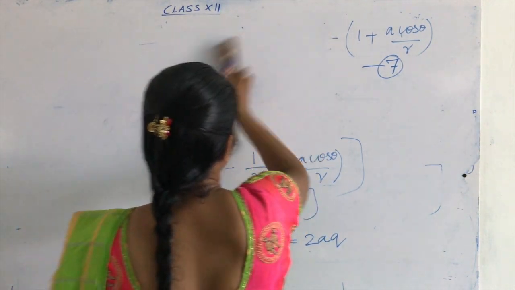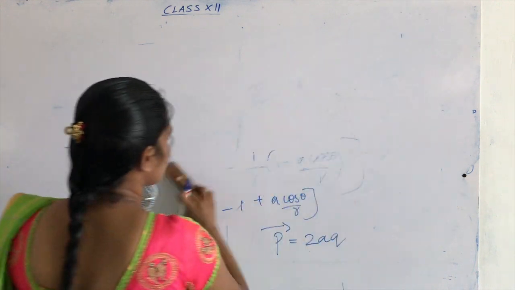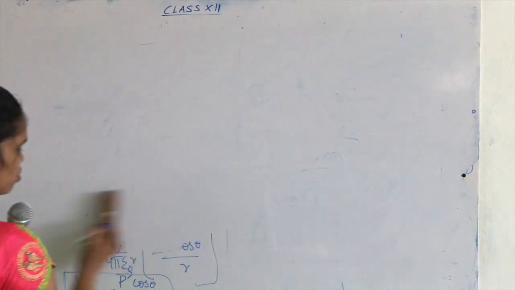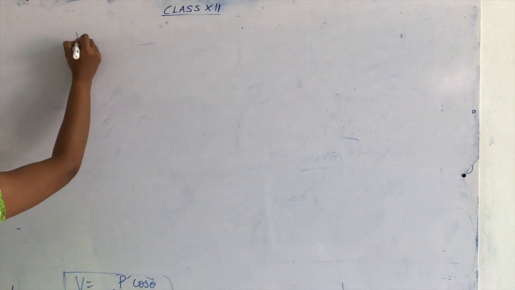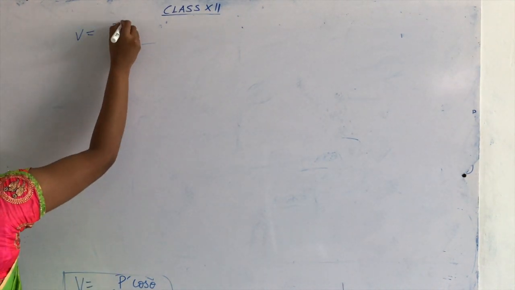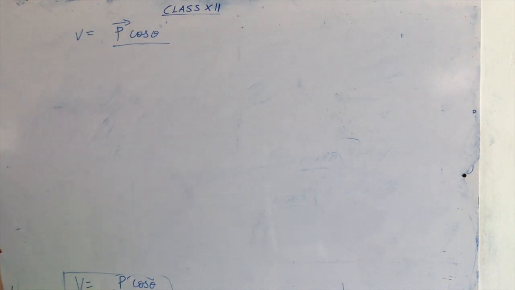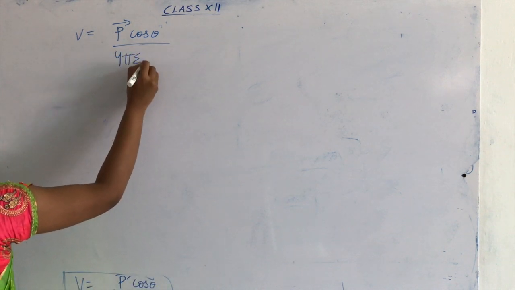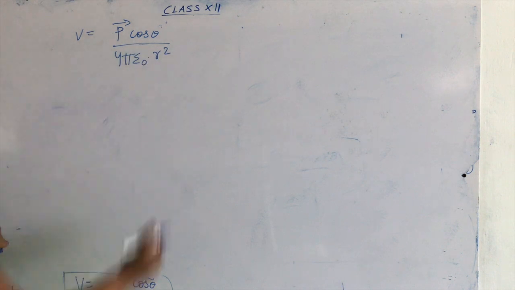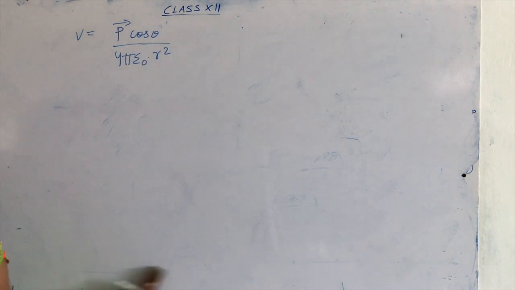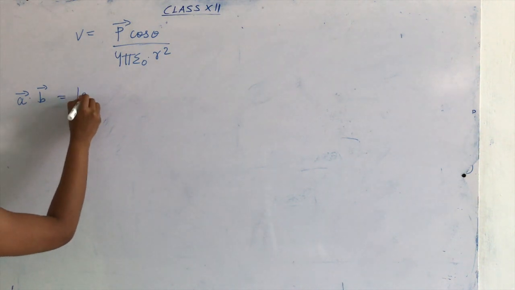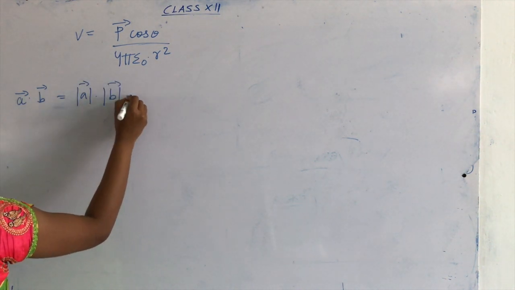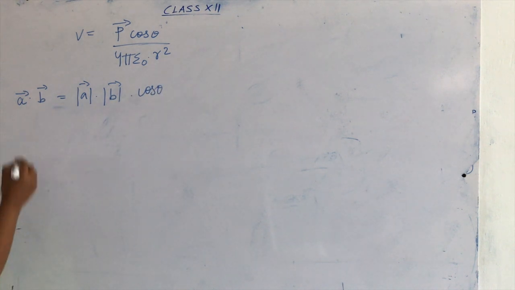Next, there are 3 special cases in this derivation. You should write it also for your exams. Let's see it. Now, V equal to P cos theta divided by 4 pi epsilon 0 r square. In vector, you may have studied A vector dot B vector equal to modulus of A vector modulus of B vector cos theta. Do you remember it?